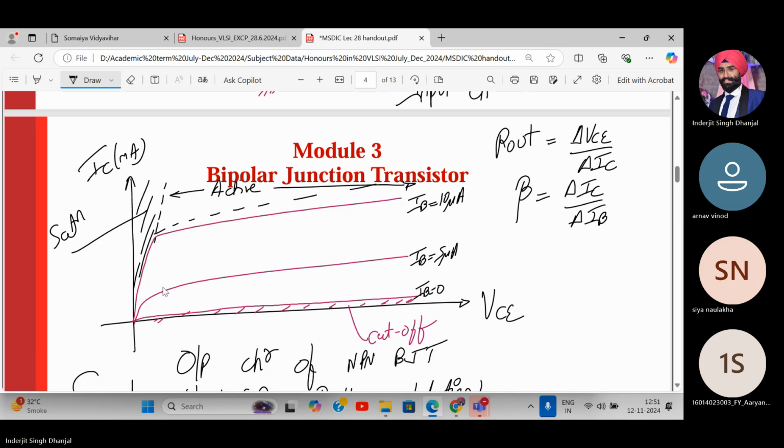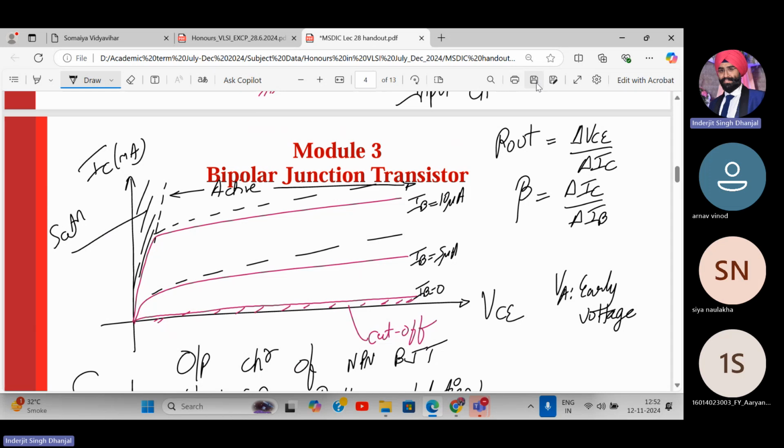Yes or no? And if you extrapolate them back, you will get a common point which is called the early voltage. Recollected? So for very large values of VCE, due to the early effect, very small changes in alpha will be reflected in a large change in beta. So that is the effect.